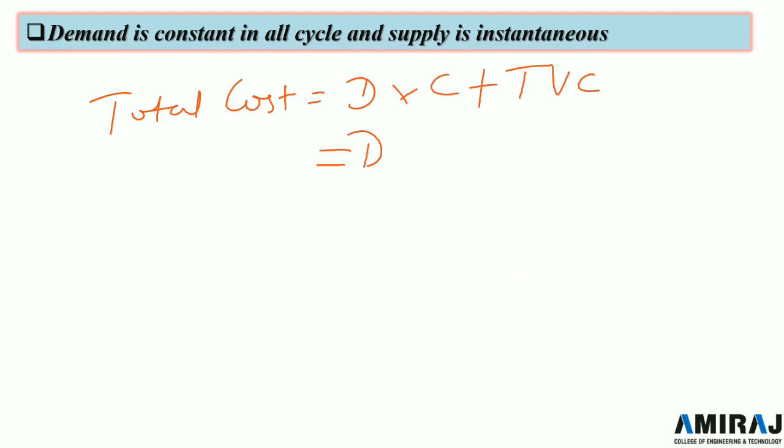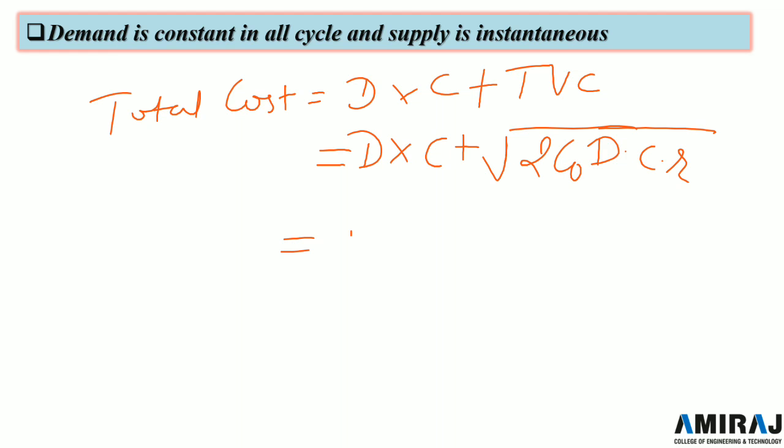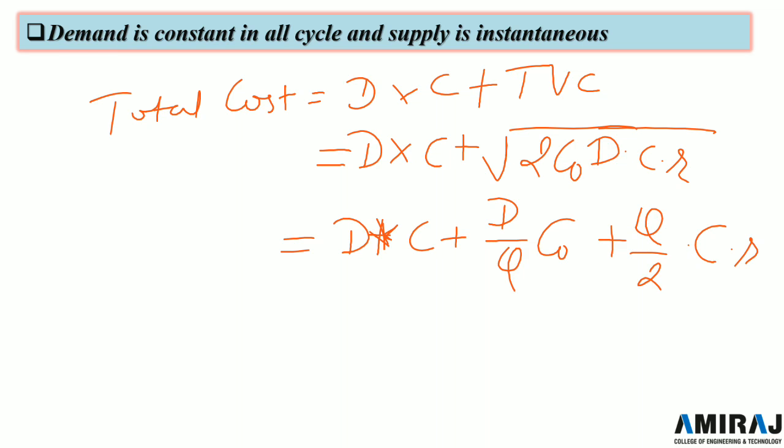So it will be D into C plus the square root of 2 CO D into C into R. After simplifying, we can write it as D into C plus D by Q into CO plus Q by 2 into C into R.